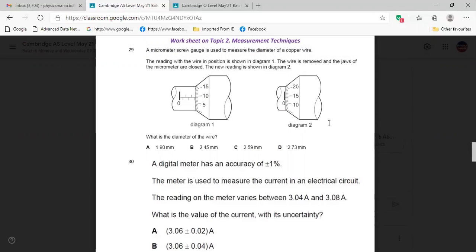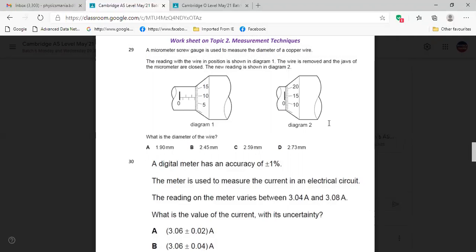What do you understand from diagram 2? In diagram 2, we do not have the wire, right? We don't have the wire, but even after that, we have some reading over there, right?